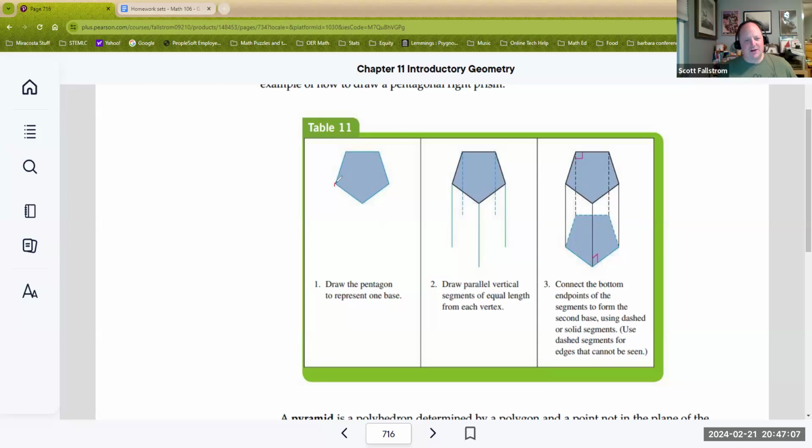This is where your straight edge or ruler comes into play. As long as I make them equal length, the next piece is going to be easy. I need to make them roughly equal length. The ones in back are going to be behind something, but they need to be the same length. As long as they're the same length, that looks roughly the same. Now I just connect the endpoints.